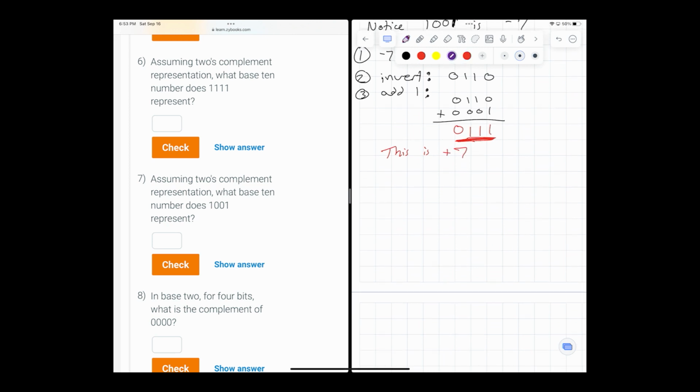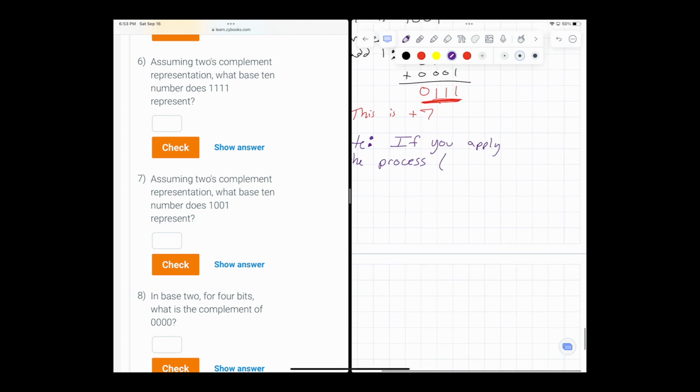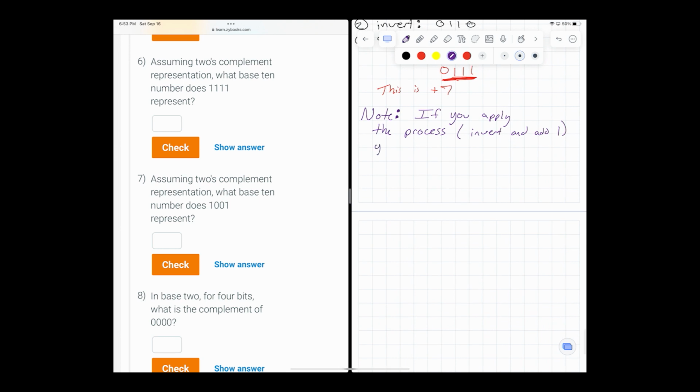Now, what does that tell us? If you apply the process again, invert, add 1, you get back to the positive number basically.